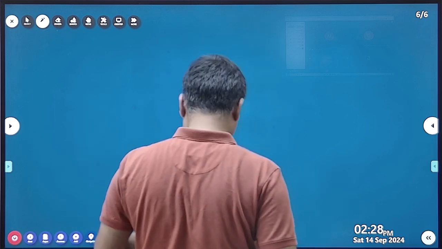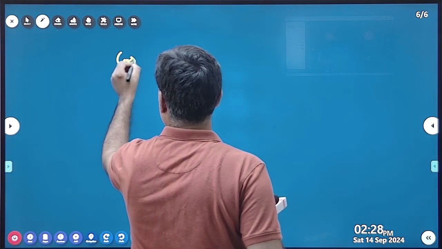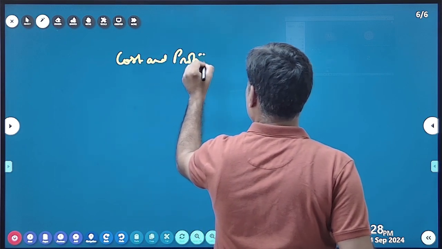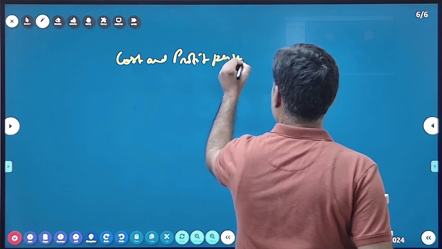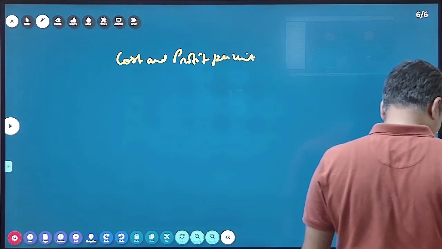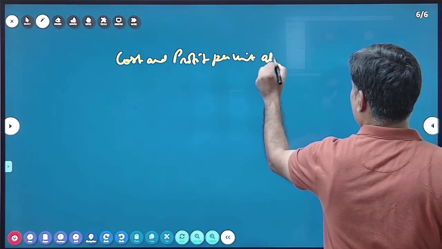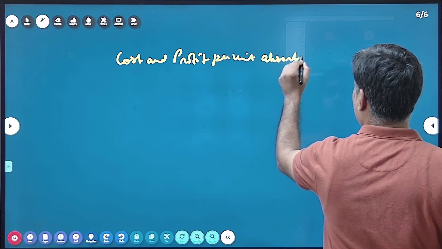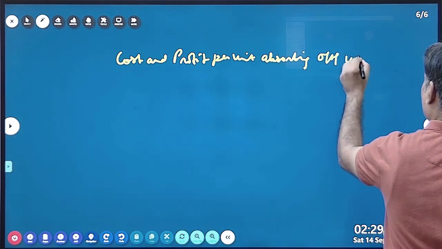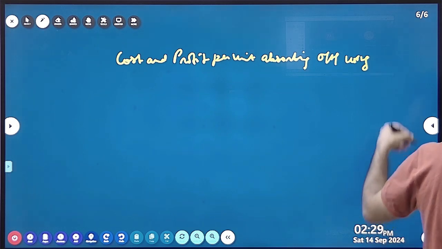Cost and profit per unit absorbing overhead using ABC.